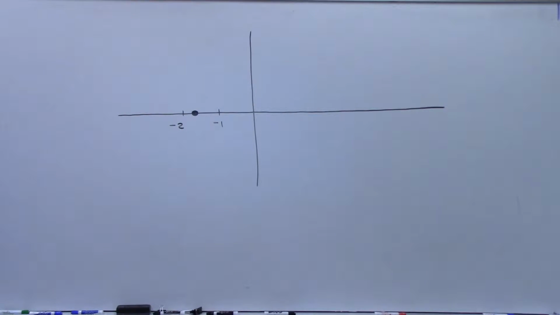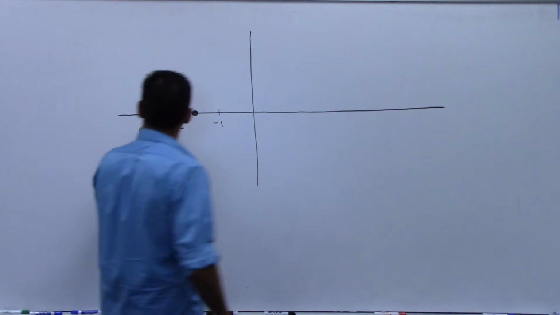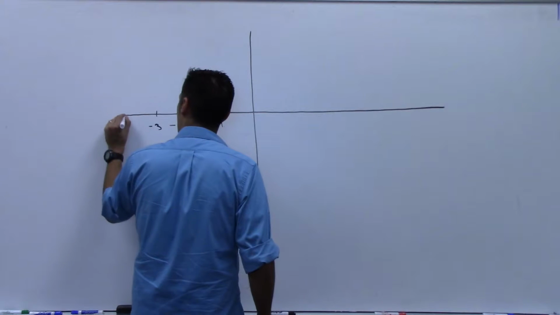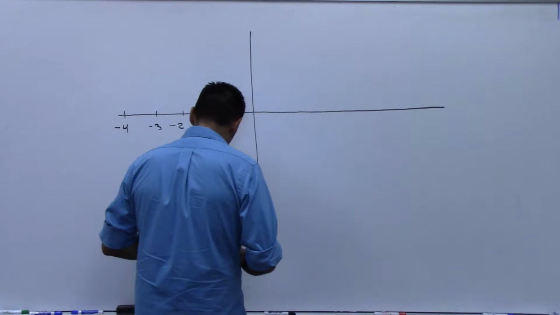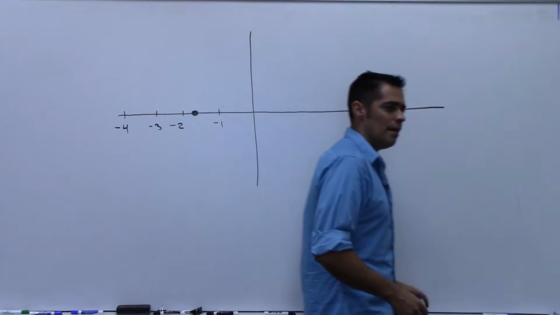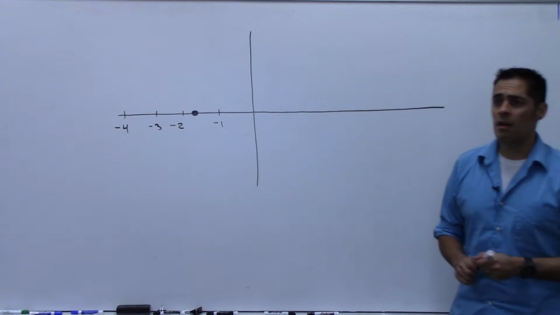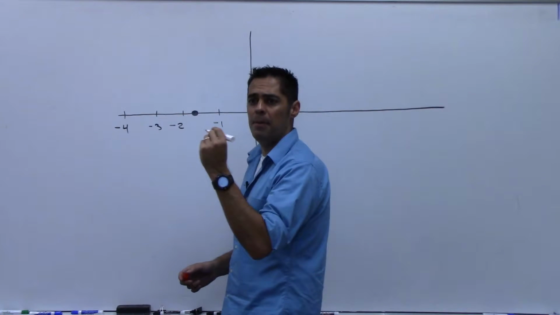Let's go vertical next. The vertical we had two of them. 6 and negative 4. So let me go to negative 4. That's right here. And what am I supposed to have here at negative 4? A vertical asymptote? A dotted vertical line, right? So this is not part of my picture.